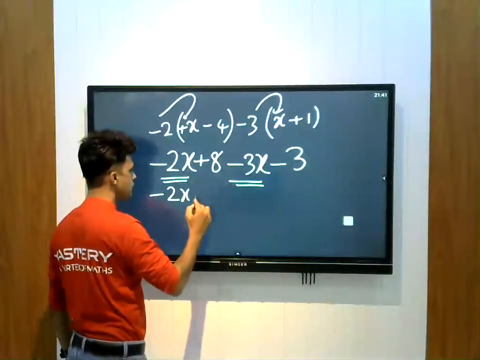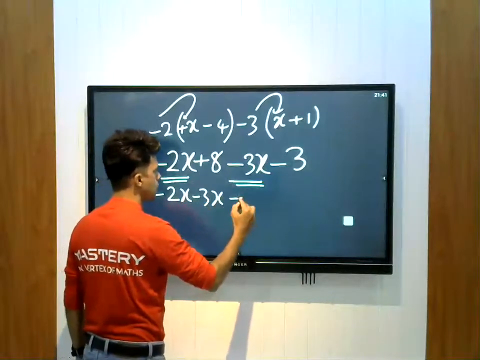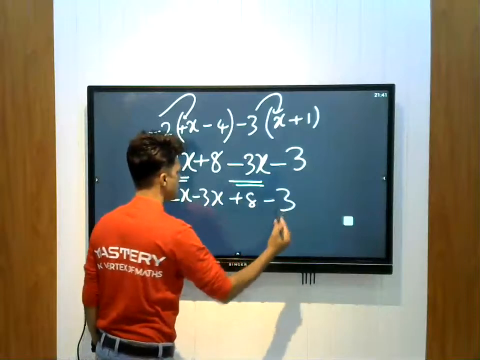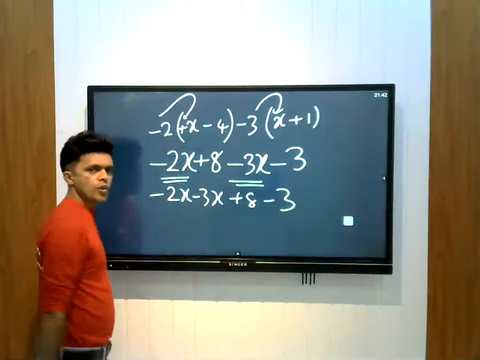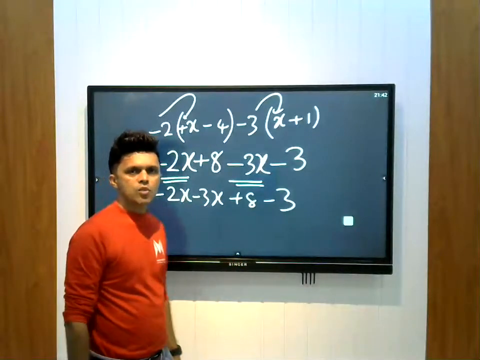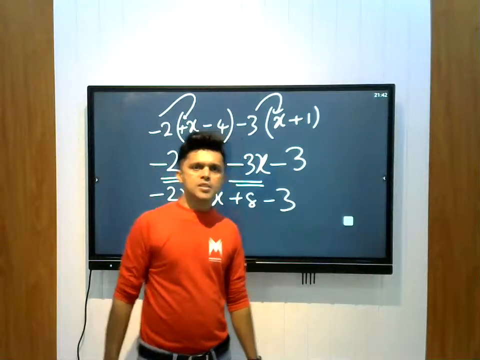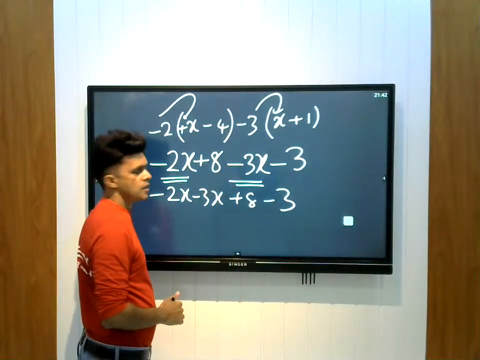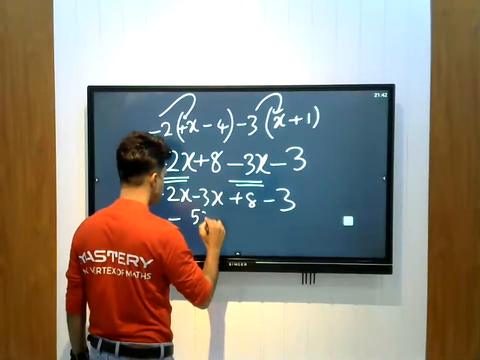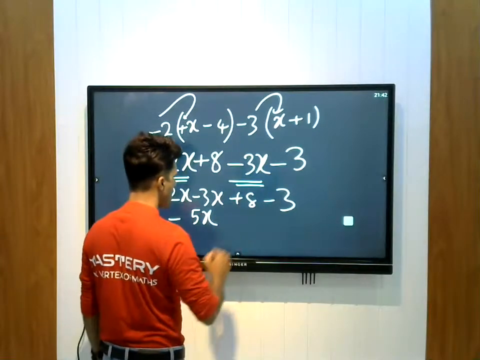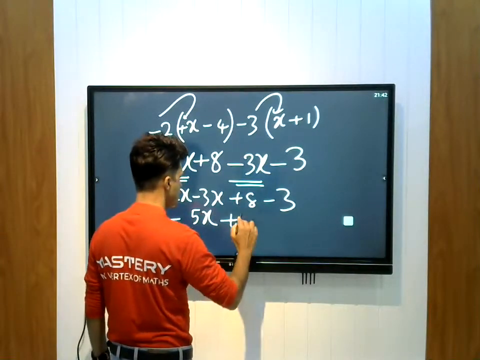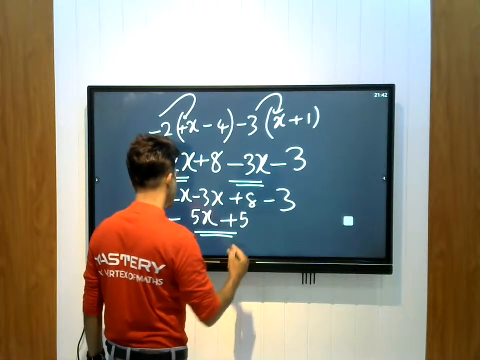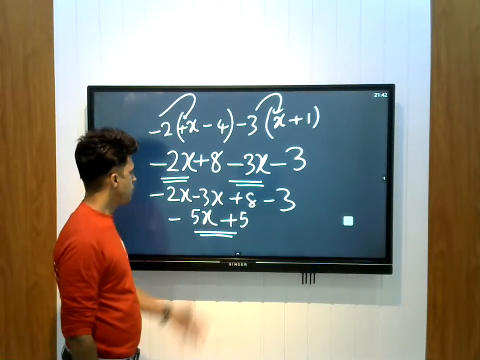Then minus 2x minus 3x plus 8 minus 3. Minus 2x minus 3x is, what's the answer? Minus 5x. Plus 8 and minus 3 is 8 minus 3 is 5. The answer is minus 5x plus 5.